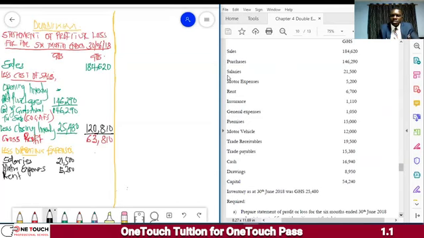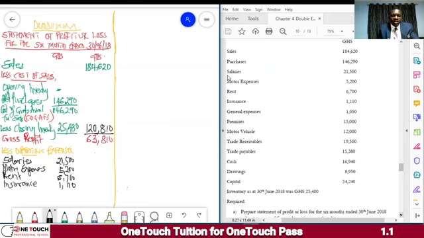We have rent of 6,700. We have insurance of 1,100.